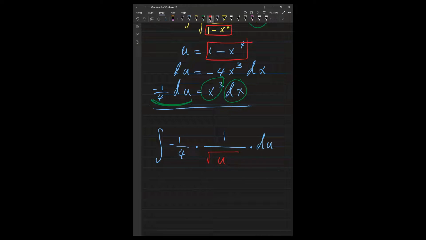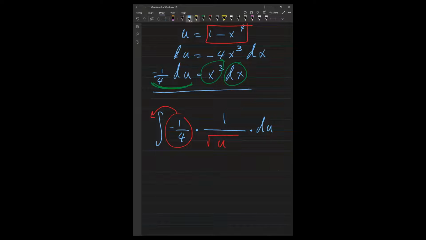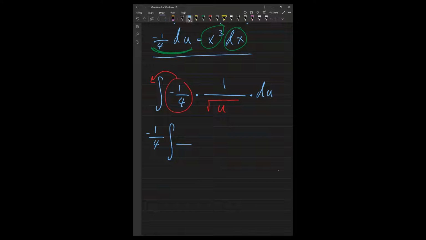All right. Okay. One thing that you can always do is pull the constant out. We can always pull it out just to make it easier on us, and it looks better. It looks easier. So negative 1/4, 1 over square root of u du.